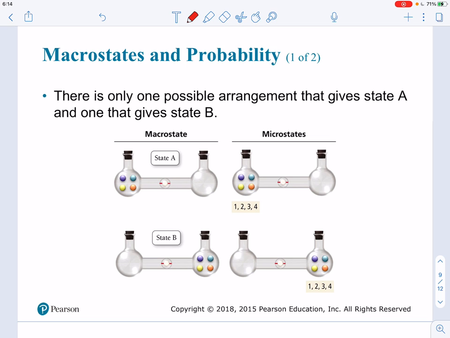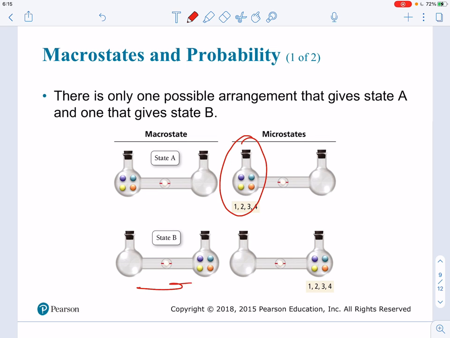Each one of those gas molecules has its own identity, so they are the same gas, but one molecule is not the same as the other molecule. We are making distinctions between these molecules, so we have four different molecules of the same gas. There is only one way to arrange those molecules if the four stay in one of the containers. They will all stay here, so there is only one possible combination there.